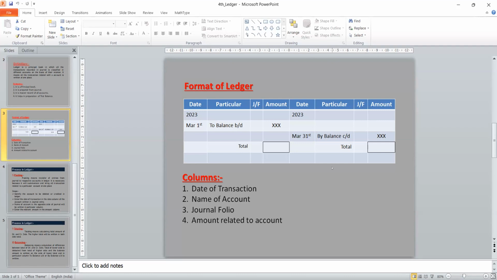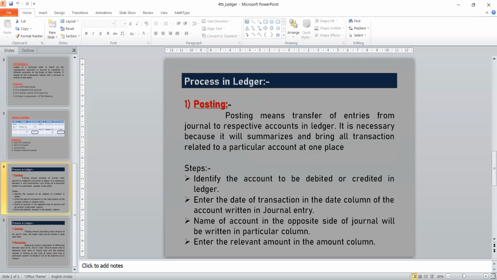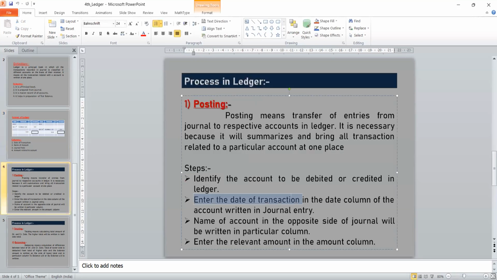Like in cash account, there are several cash transactions in any month. So the cash account ledger format will be long. So after identifying all the transactions, the next step is to enter the date of transaction in the date column of the accounts written in the journal entry.